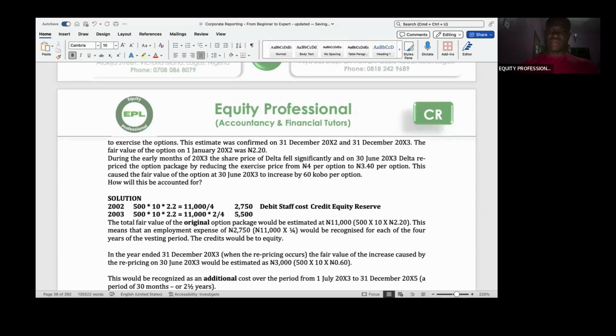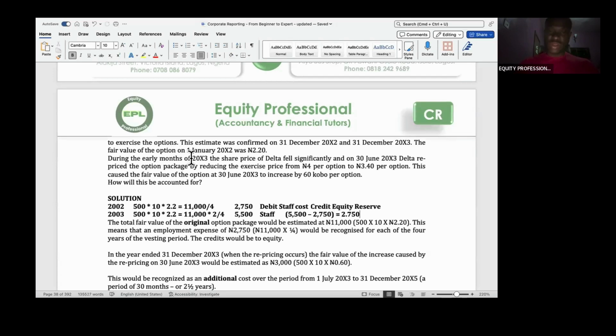So this 5,500 will go to reserve, while the increase will go to staff costs. That means our staff cost is going to be this 5,500 minus 2,750, and that will still be 2,750. This question did not give us an estimate for 2004, so they don't even want you to do 2004.